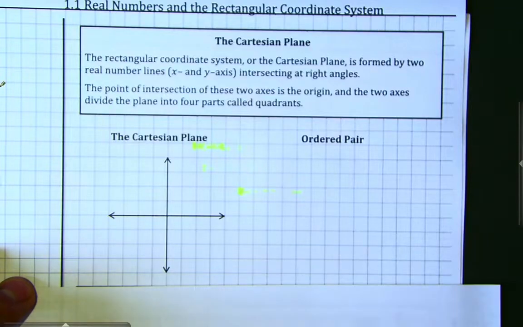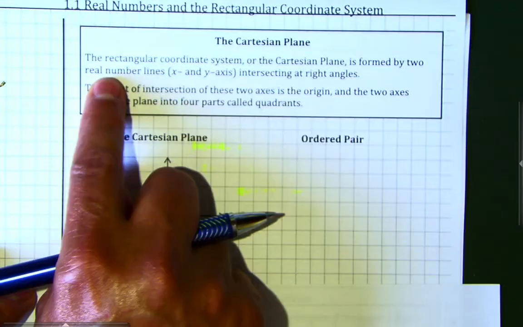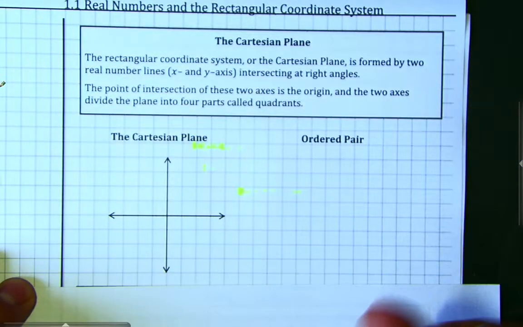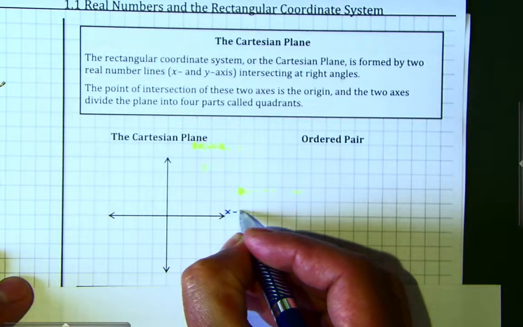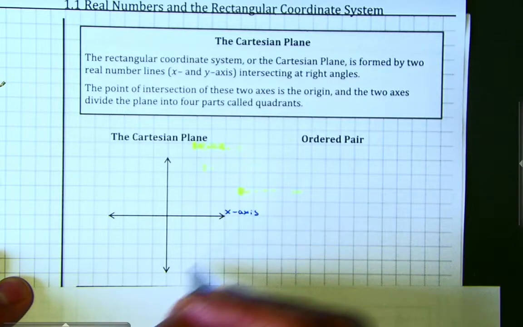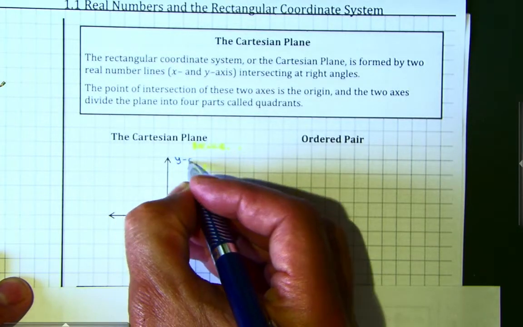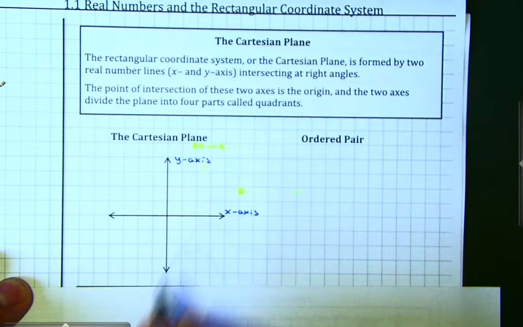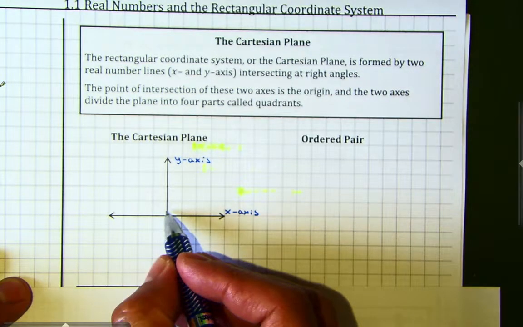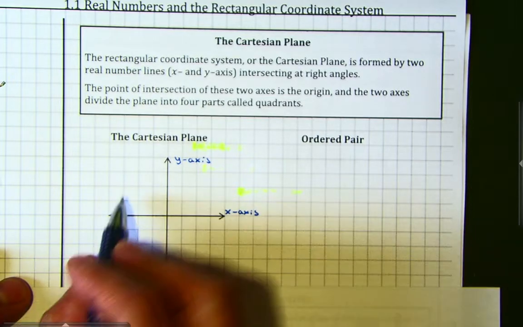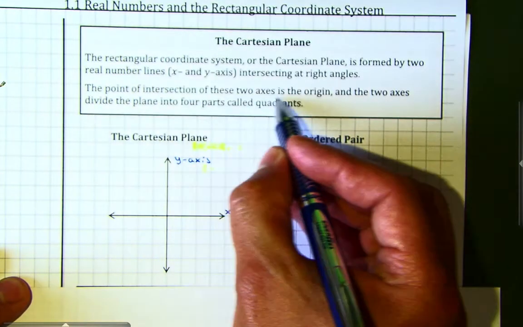So let's see. It is formed by two real numbers, your x and y axis. So therefore, we know that this is your x axis, and we know that this is your y axis. And it's intersecting at right angles. The point of intersection of those two axes is the origin.